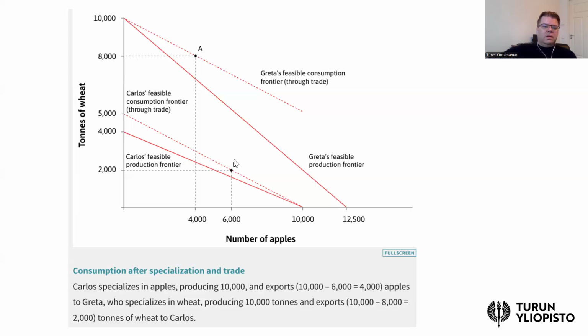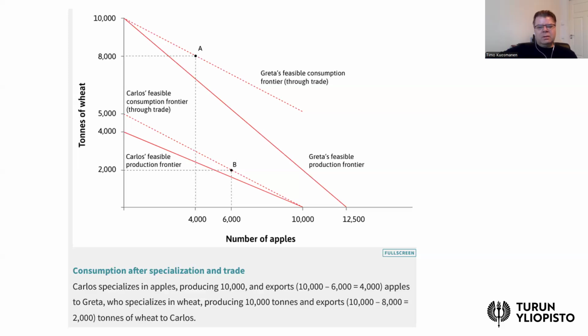Notice that if we consider wheat, then Greta would produce 10,000 units of wheat, of which 8,000 units she will consume herself, and 2,000 units she will sell to Carlos. And if we consider apples, then Carlos produces 10,000 units of apples, of which 6,000 units he consumes himself, and 4,000 units he sells to Greta in exchange for the wheat.